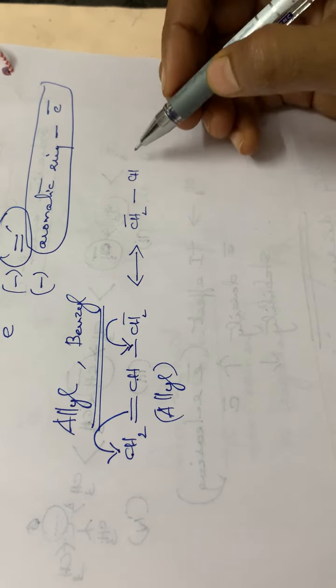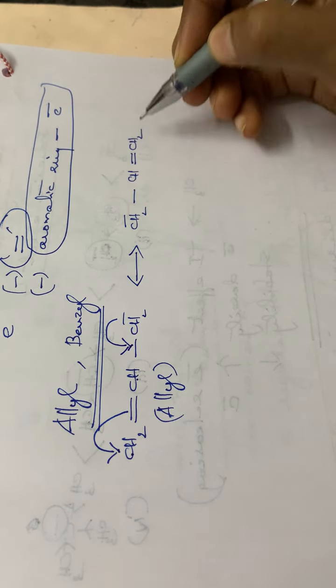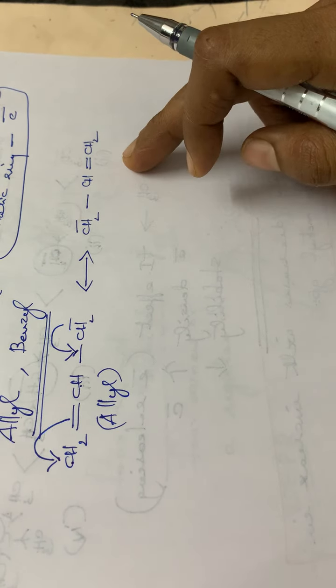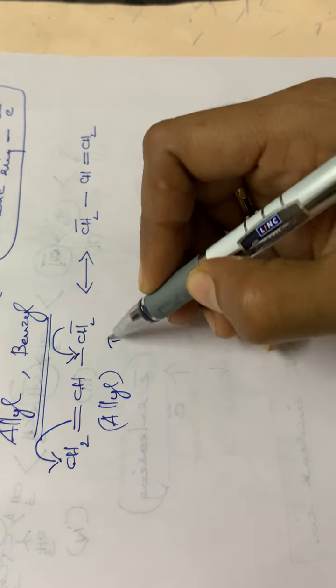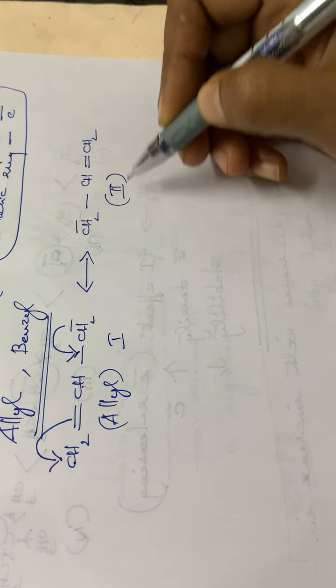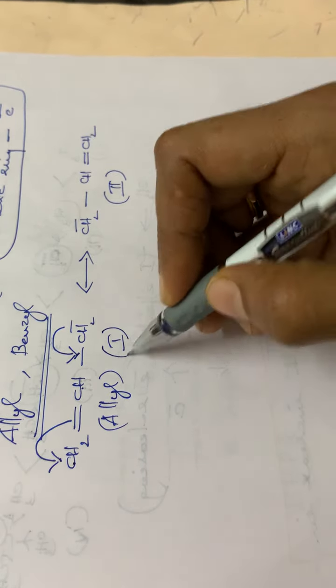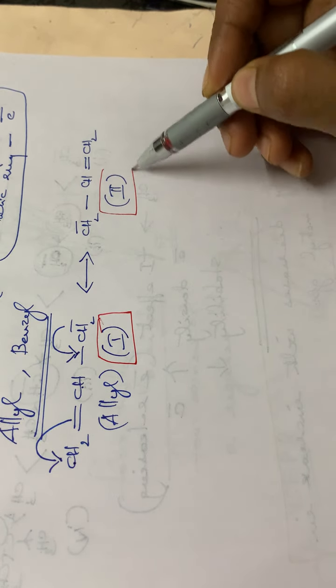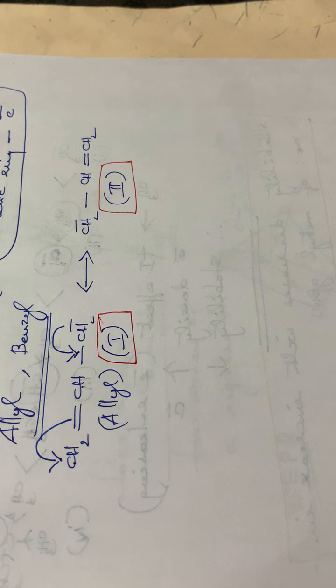So these are the two different resonating structures of the allyl carbanion, structures 1 and 2. Due to the presence of these two resonating structures, allyl carbanions are stabilized.